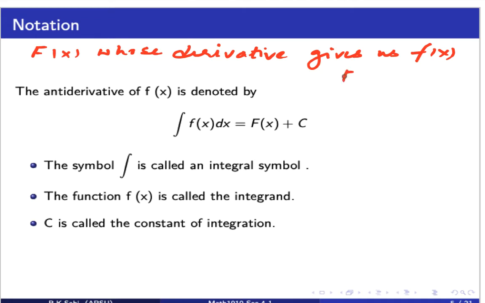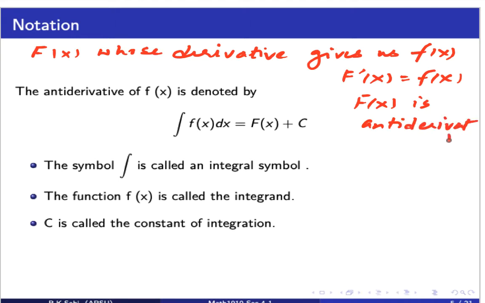In other words, capital F prime of x is f of x. And what would you just say? That this capital F, as we said in our previous slides, is the antiderivative of f of x, the small f of x.